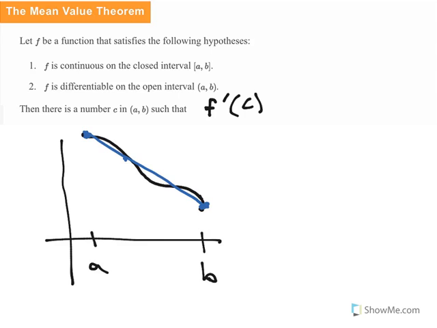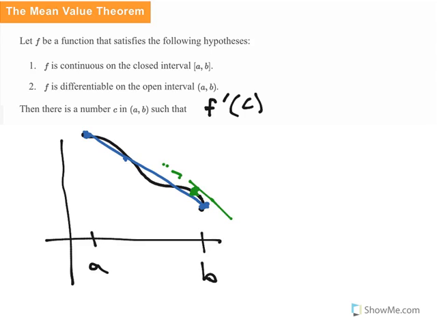So for example, it looks like there is a point right about there in green, where if you look at the slope of the tangent line, if you look at the derivative at that point in green, it looks like the slope has about the same slope as the blue line right there.